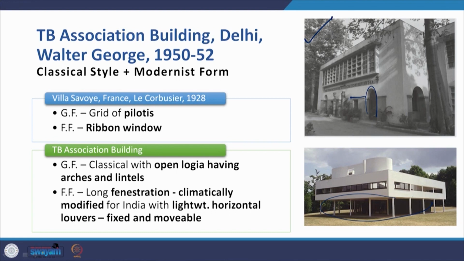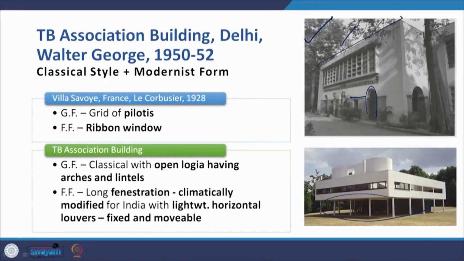Whereas when you come to the first floor, these two buildings start merging into a modernist thought. The overall form of Villa Savoye is cuboidal. You see that strong cuboidal geometry on the first floor. It's a white planar geometry with these ribbon windows forming a part of the 5 points, or later on 9 points, of a new architecture of Corbusier.